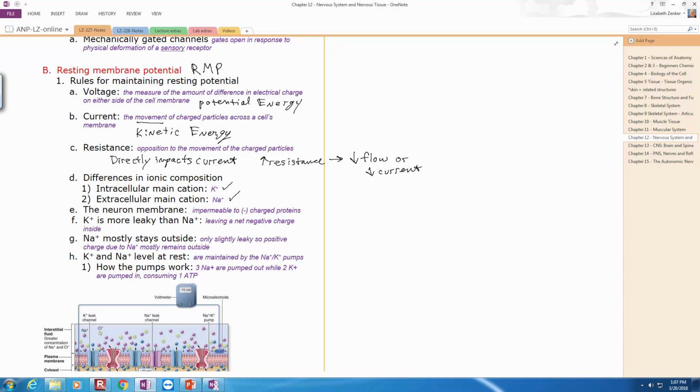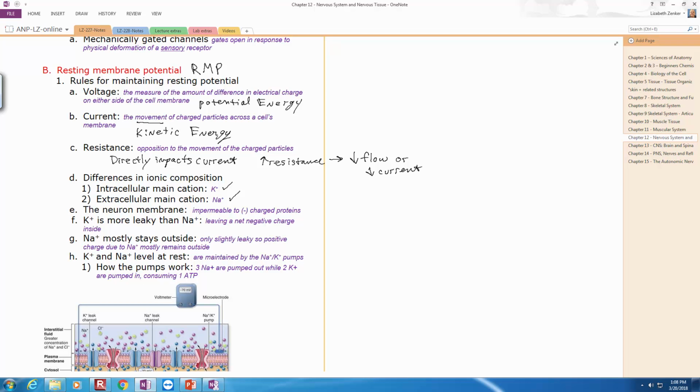Potassium leaks out slightly faster than sodium can leak in, so it's not a lot, but it does occur. Those are those leak channels we talked about. And so because of the leak channels, they're not gated, there's no door. If positive ions are leaking out, it makes the cell slightly more negative, so that also increases the likelihood of it being negative on that inside rim, right?